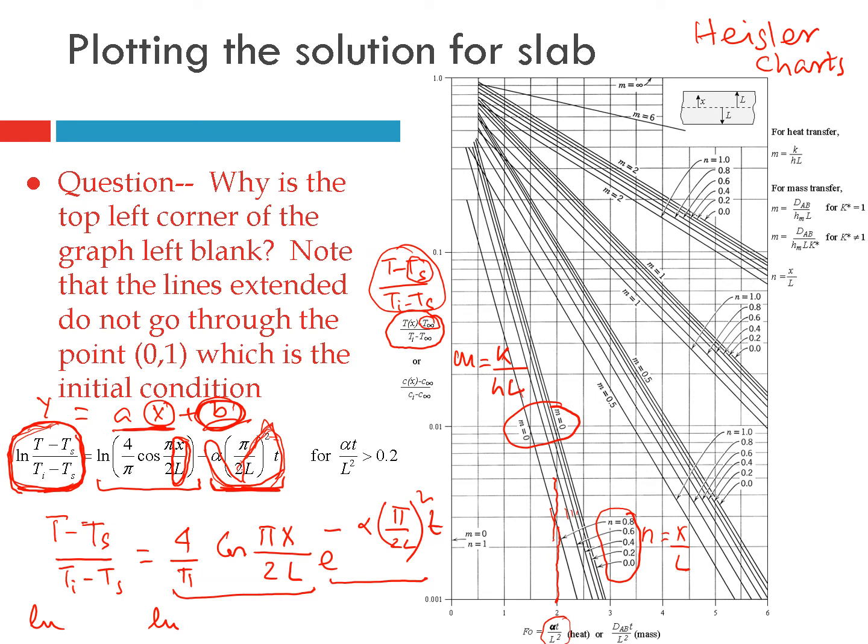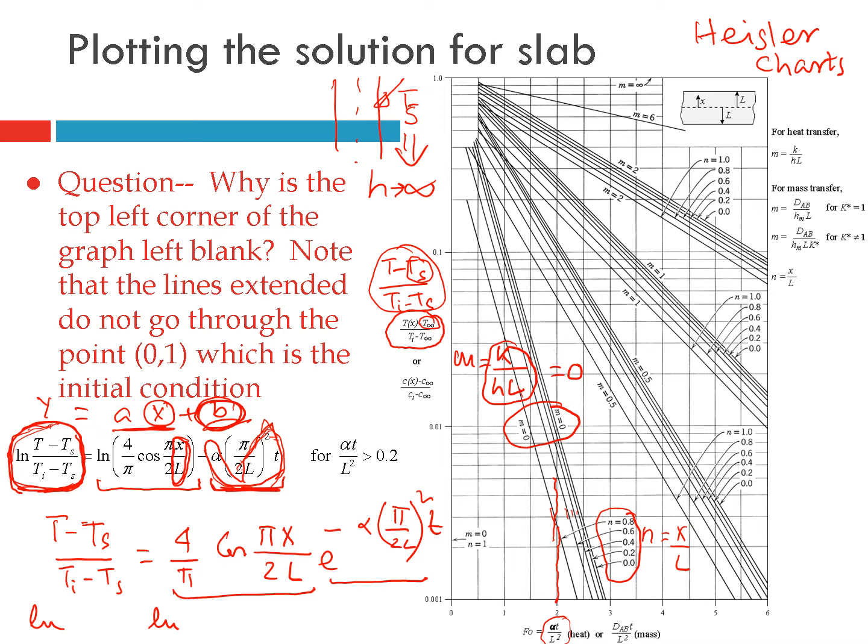If you recall, for this slab, if temperature Ts is given at the boundary, this is equivalent to h going to infinity. So m, defined as k over hL, is equal to 0 in our case right now.